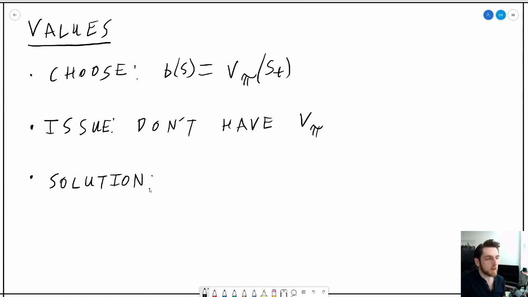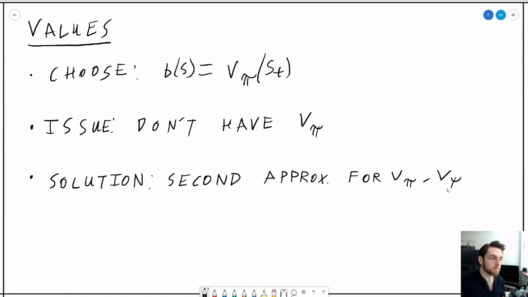And then we'll construct a loss function which we optimize in order to estimate these values. And we'll call this approximation V psi, with the weights psi.